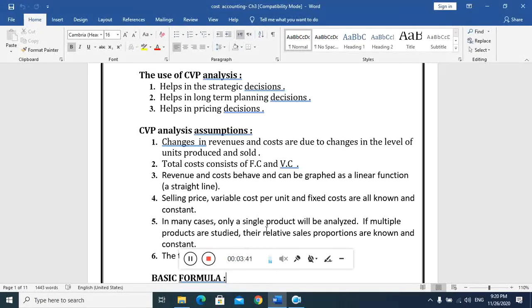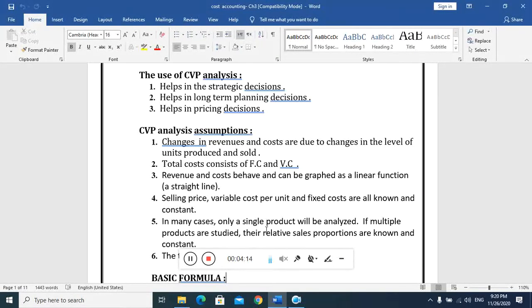Number four, selling price, variable cost per unit, and fixed costs are all known and constant. So when we solve any example, the selling price, the variable cost per unit, and the total fixed cost are known and constant, they don't change. Number five, in many cases only a single product will be analyzed.